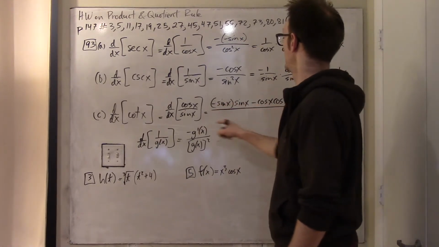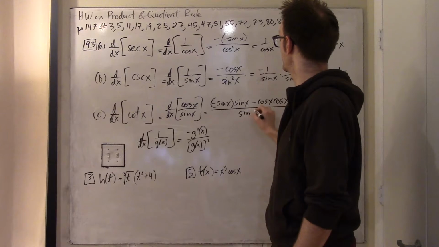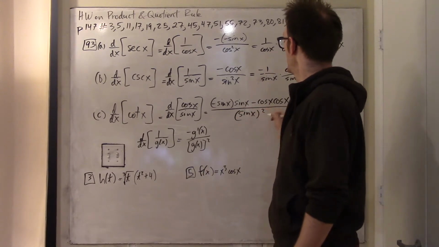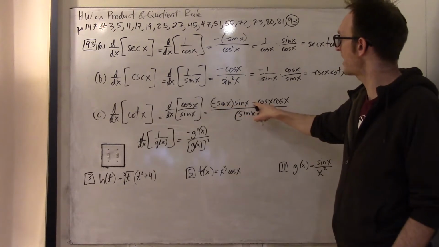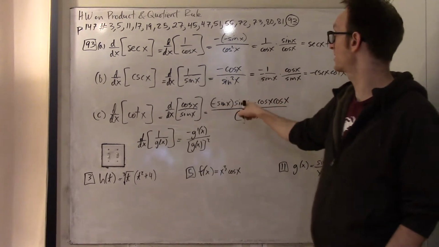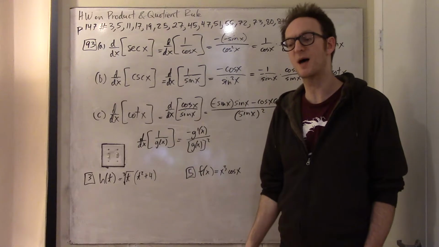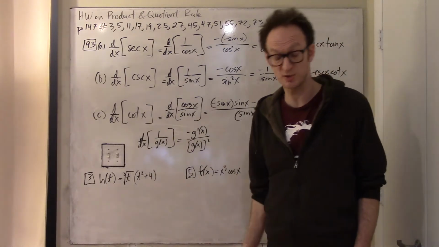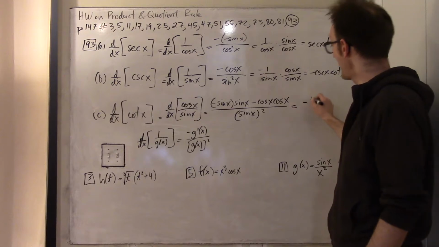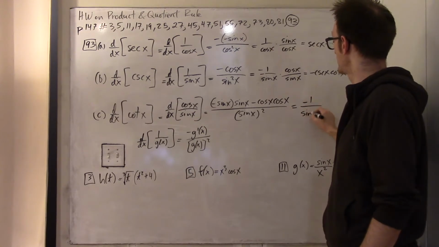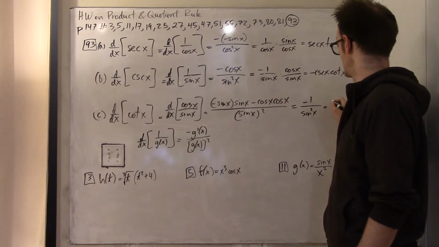All over the bottom squared. So, what do we get up here? We get negative sine squared minus cosine squared. So if you factor out a negative from that top, then you get sine squared plus cosine squared, which is 1. So this is negative 1 over sine squared, and that's why this is negative cosecant squared.